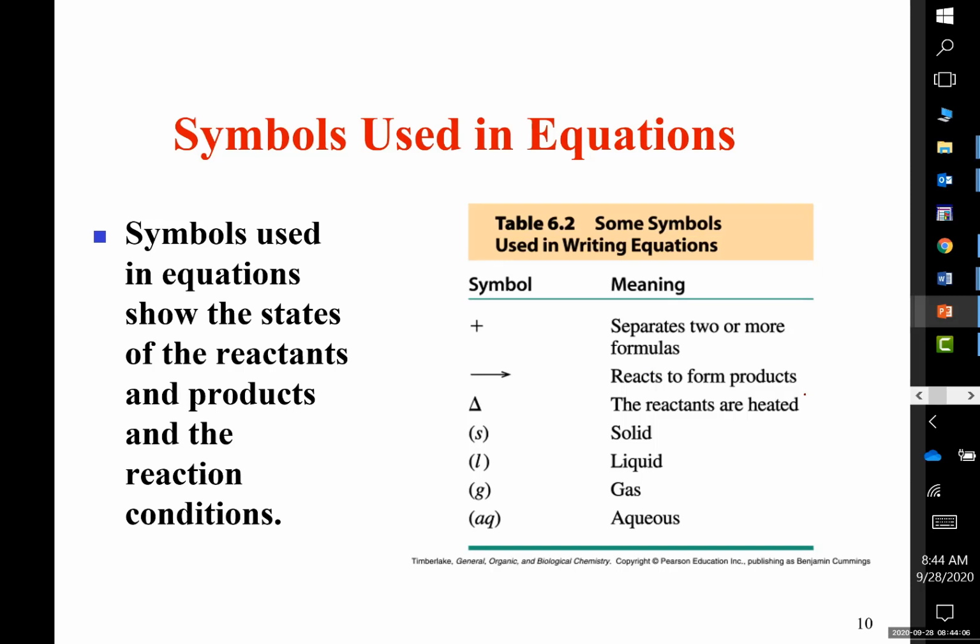We also need to use some shorthand symbols in a chemical reaction. We use plus between two chemicals. It separates formulas. It separates reactants from each other.